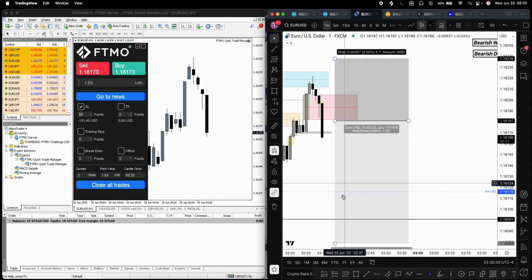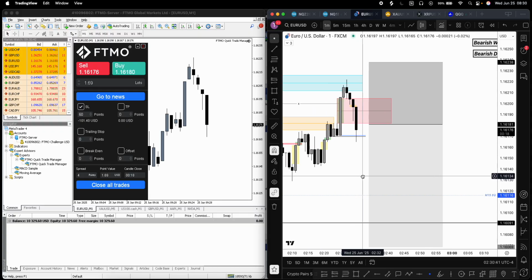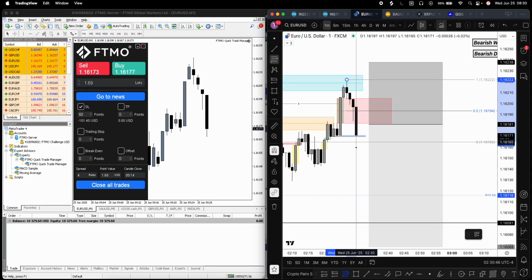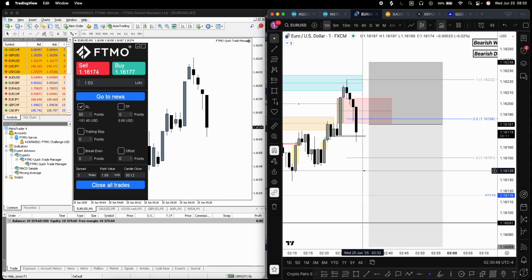Okay, looks like we will get a close here, so we can re-enter. We need probably to reach there at least to get that entry.